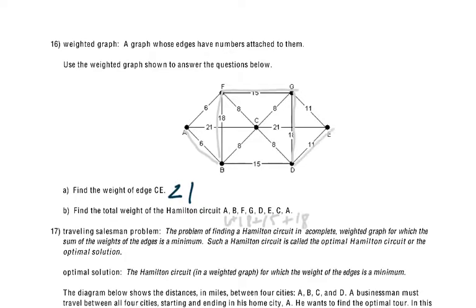D to E is 11. E to C is 21. And C to A is 21. And we just add those up, which gives us 110. So the total weight for that Hamilton circuit is 110.